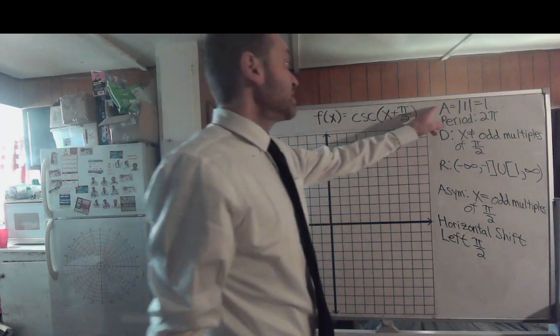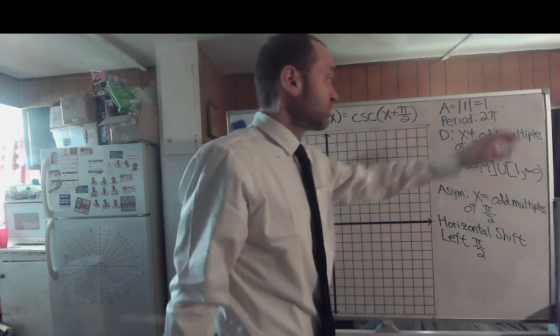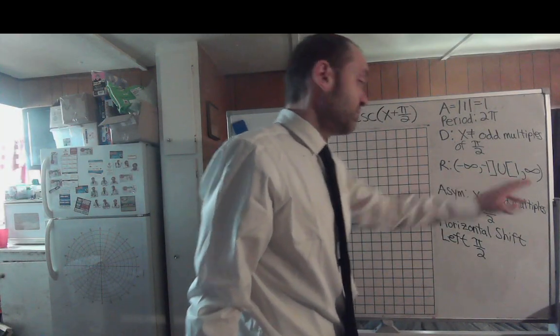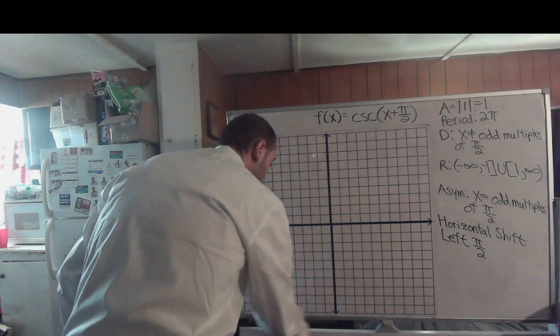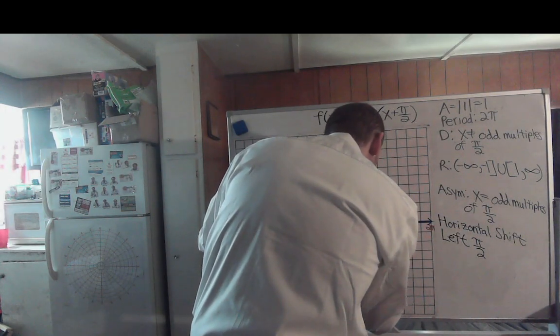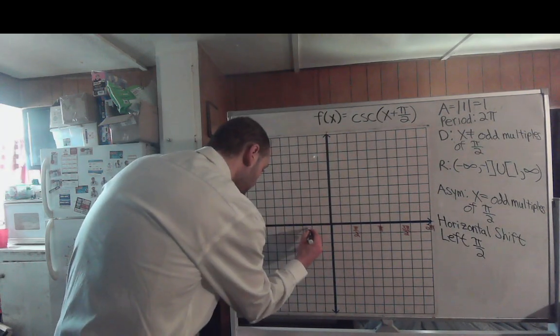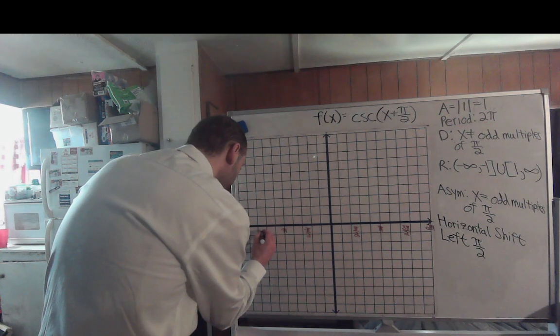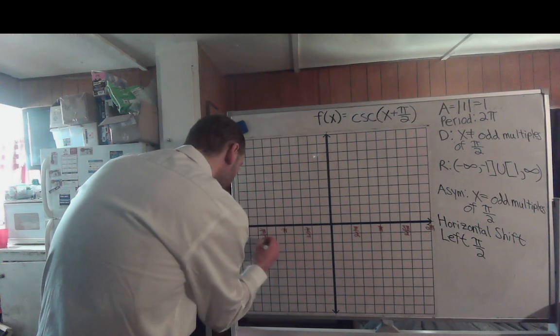Your amplitude's still 1, that hasn't changed. Your period's still 2 pi. Your range is still from negative infinity to negative 1 in union with 1 to infinity. Let's plot those critical points and then let's do the graph. So here's 2 pi, 3 pi over 2, pi, pi over 2, negative pi over 2, negative pi, negative 3 pi over 2, and then negative 2 pi.